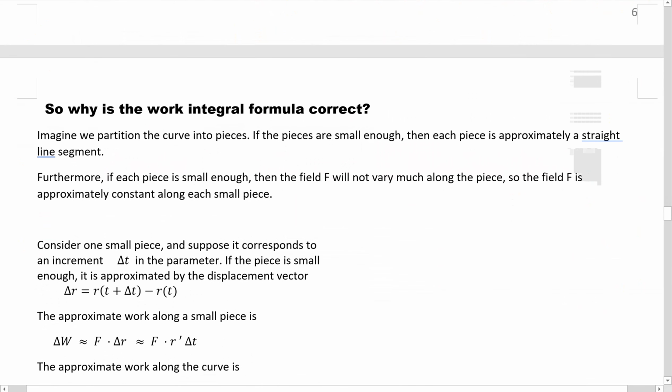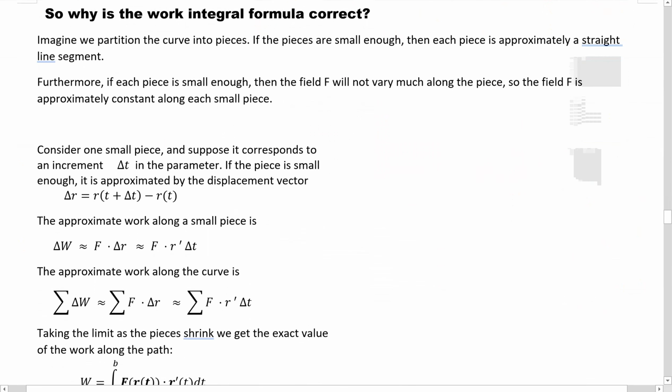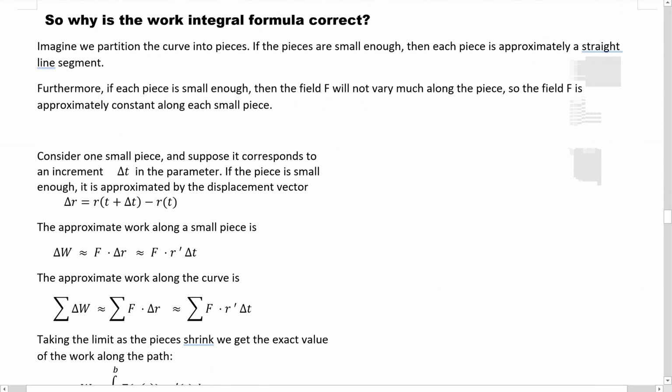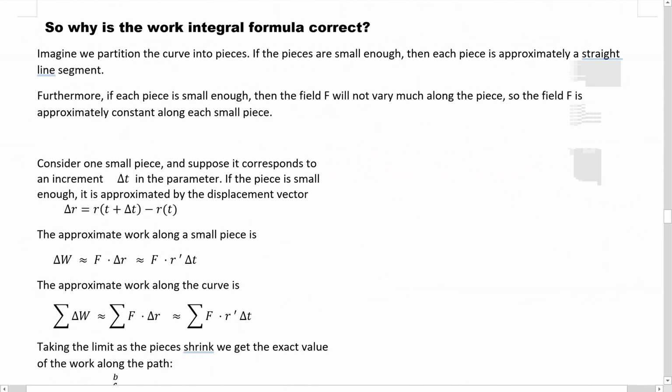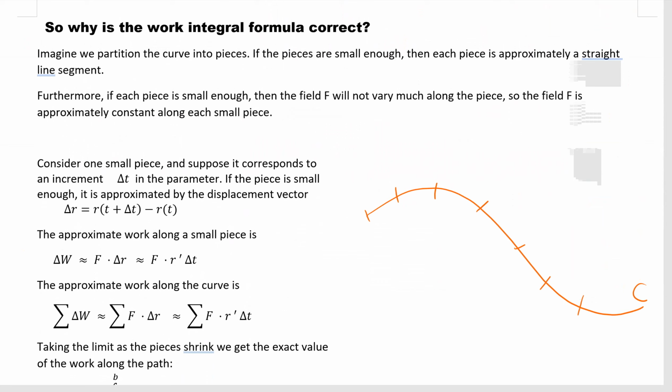Let's continue. So why is the work integral formula correct? Well, imagine we partition the curve into pieces. So suppose this is the curve C. We are going to partition it into pieces. If the pieces are small enough, then each piece is approximated by a straight line segment, right? Each piece looks like a small line segment.